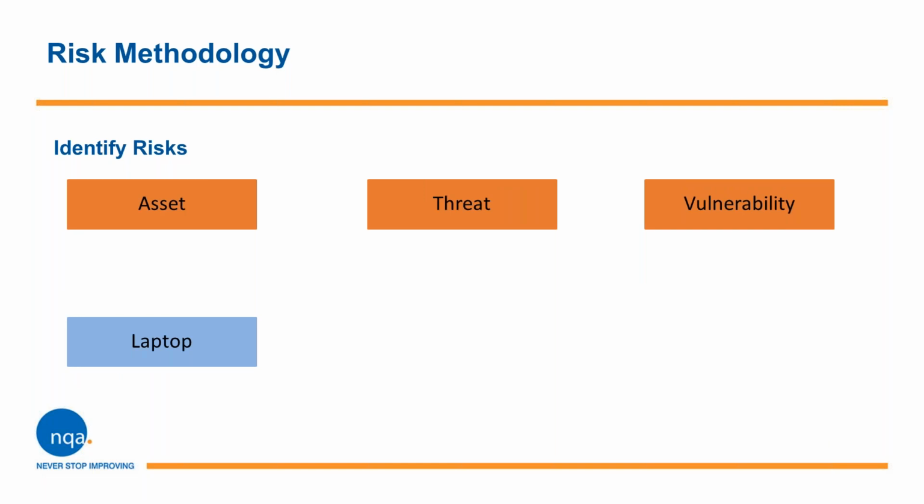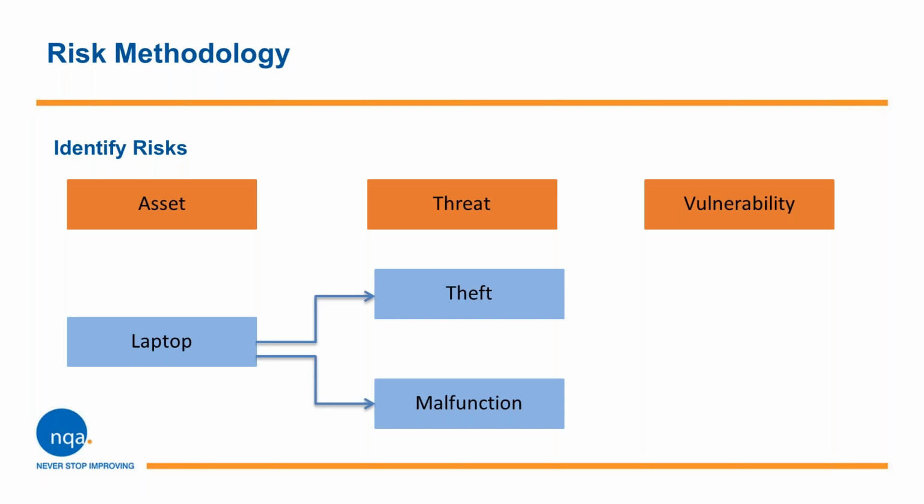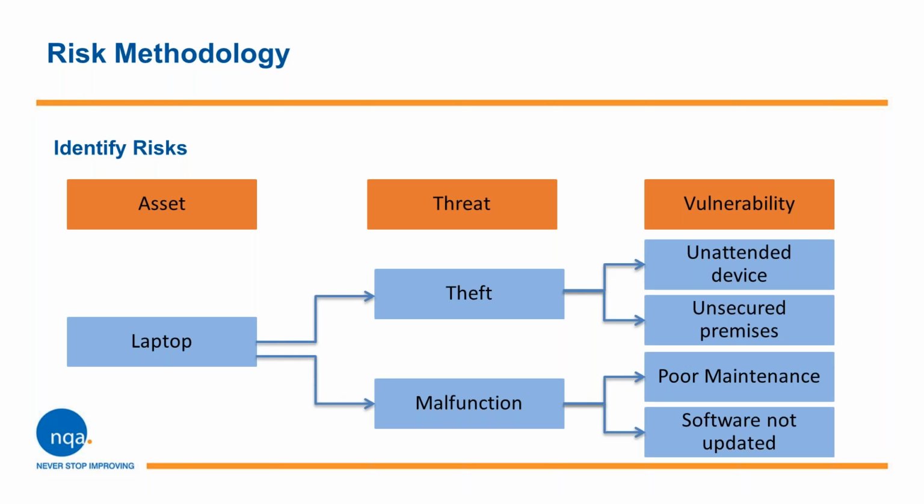So if we look here now, we've got a laptop, for example. A laptop may have numerous threats. As you can see there, the asset of a laptop has got two threats, theft and malfunction. Now from these two threats, we could have numerous vulnerabilities. From theft, we have an unattended device or unsecure premises.